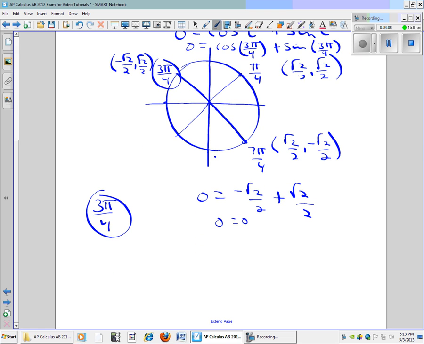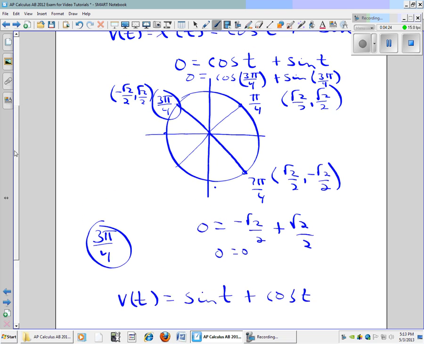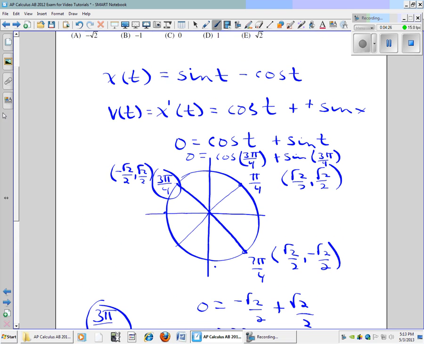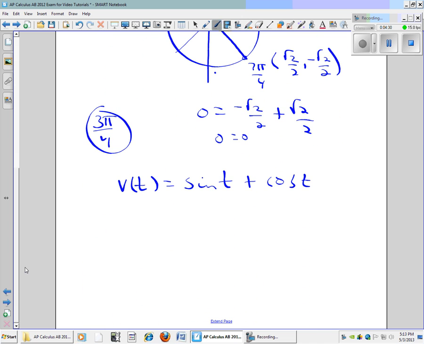Now we need to take the derivative once more and find the acceleration, and then substitute in that value of 3 pi over 4. So we said the velocity was equal to the cosine of t plus the sine of t. I think we had it as cosine plus sine, but the order will not matter. I'll put it back like it was.